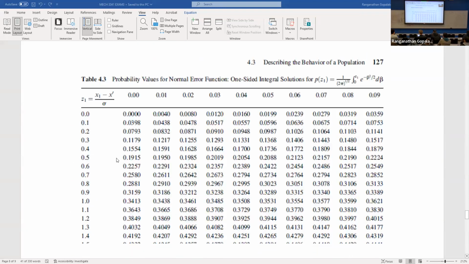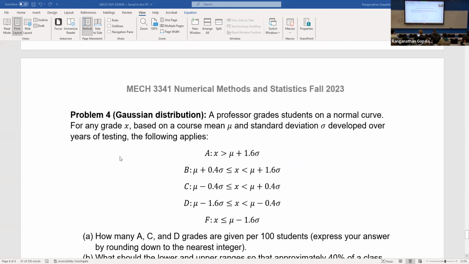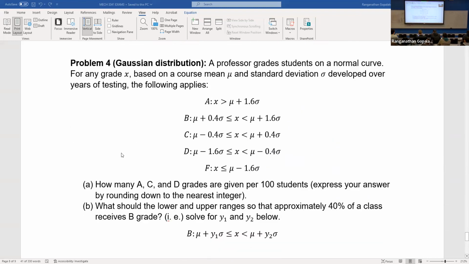So what we are going to attempt now is to use all this knowledge we just received to solve this problem where a professor grades students on a normal curve. Clearly, that's not me. For any grade, based on a course mean of mu and a standard deviation of sigma developed over years of testing, the following applies.